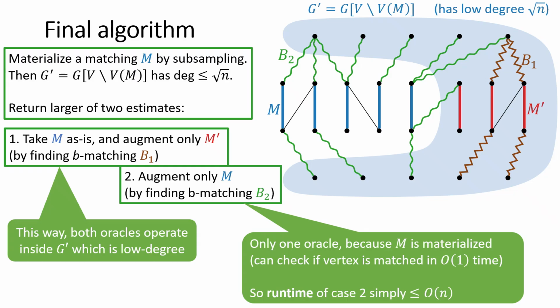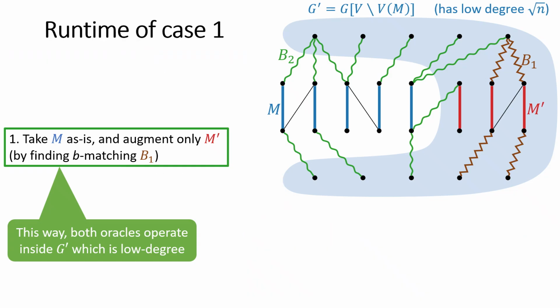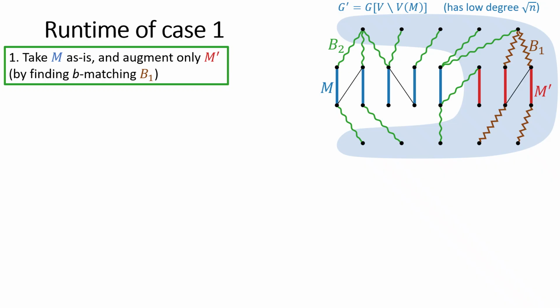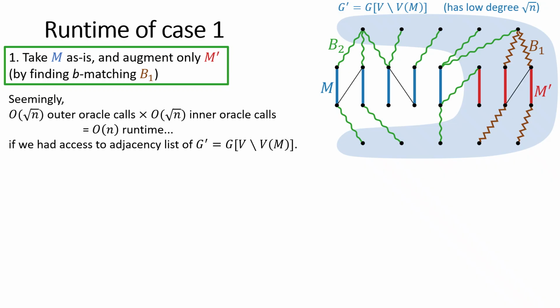The reason it's going to work is that now both oracles operate inside this G prime, which is a low degree subgraph. So it seems that life is actually very good because we are in a subgraph of degree square root n. We have an inner oracle that runs in d time, which is square root n, and an outer oracle in n time, square root n time.